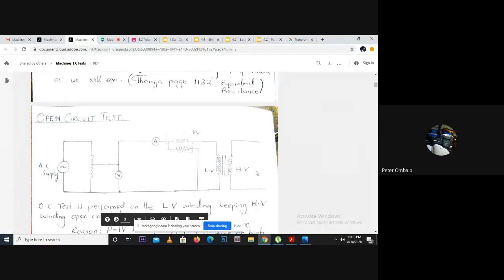Now, on the high voltage end, or the secondary end, if there's an open circuit like this, it means there's pretty much no current flowing on the high voltage side.